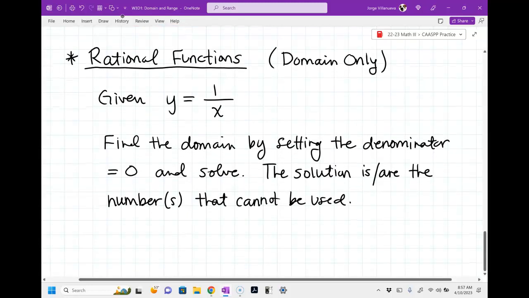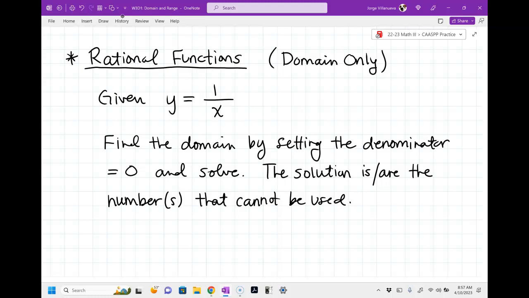I know this sounds complicated, but it really isn't terrible. So to find the domain on a function that's a fraction, you're going to look at the denominator, you're going to set it equal to 0. Okay? Once you set it equal to 0, you're going to solve it. Whatever numbers you get, those are the numbers you cannot use. Okay? You can use everything else, just not the numbers you solved.